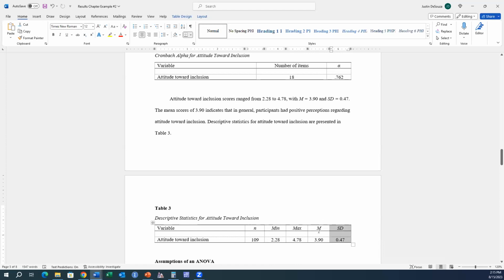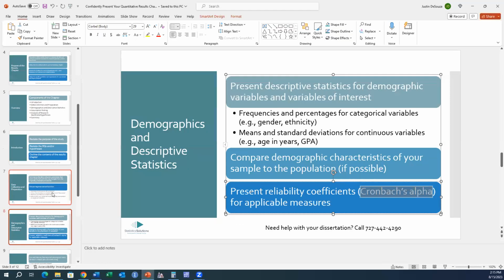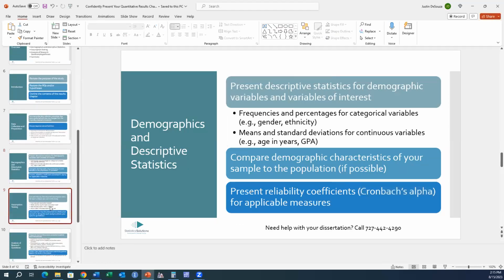So the mean, compare the mean to previously validated thresholds or compare it to the Likert scale. And you can make an overall determination on whether the perceptions were positive, were they neutral, or were they negative. Okay, so those are the descriptives.